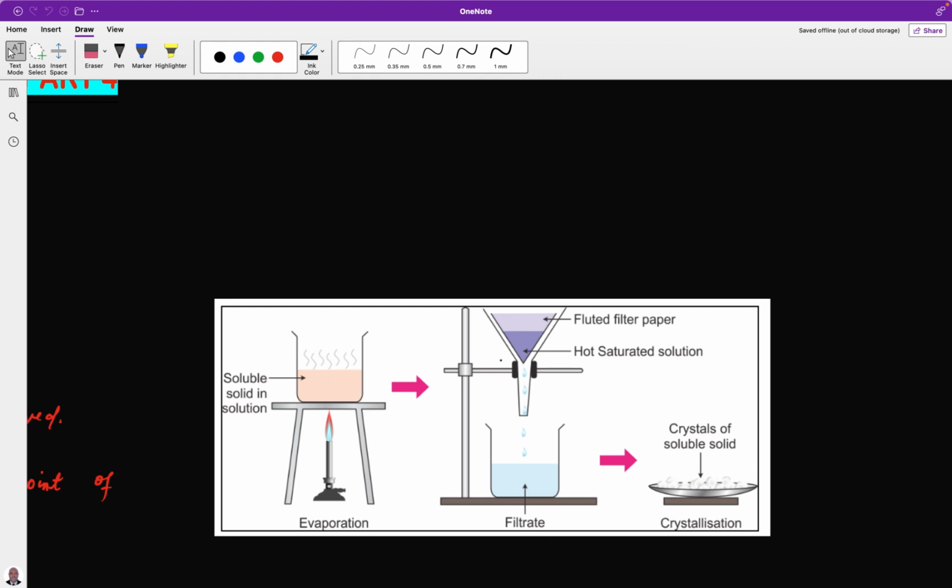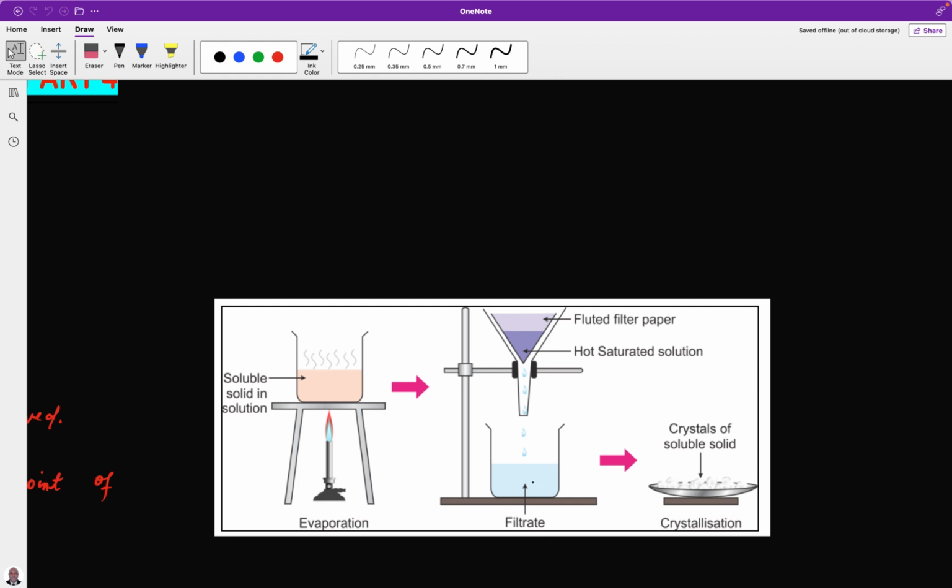So now the solution is made up of cobalt-2 sulfate. Now this is a concentrated solution of cobalt-2 sulfate. The next thing is we are now going to do what?